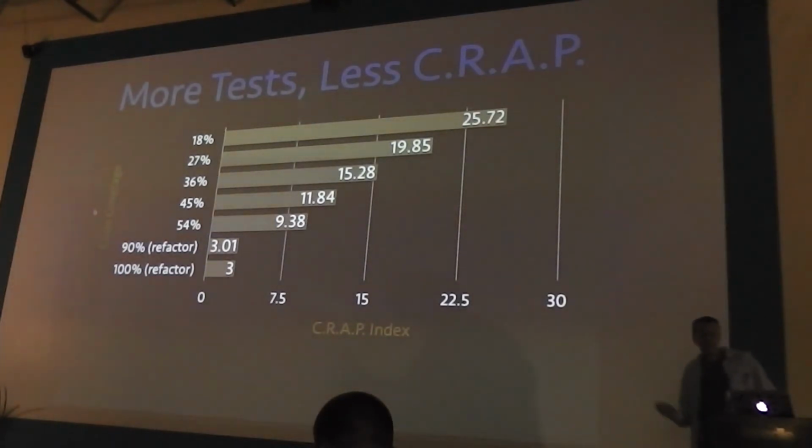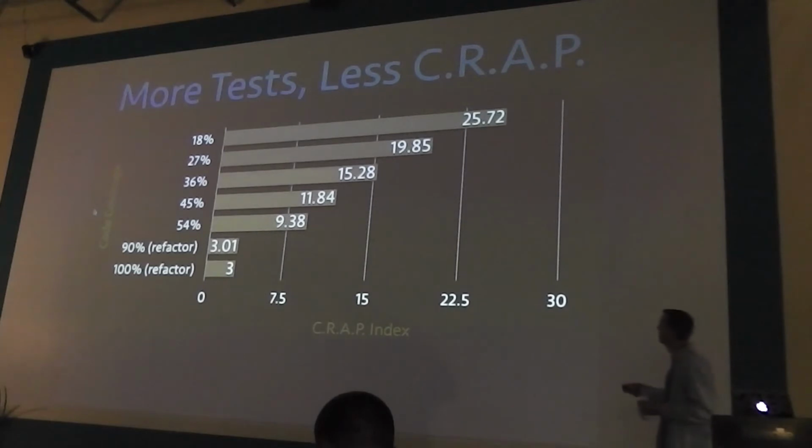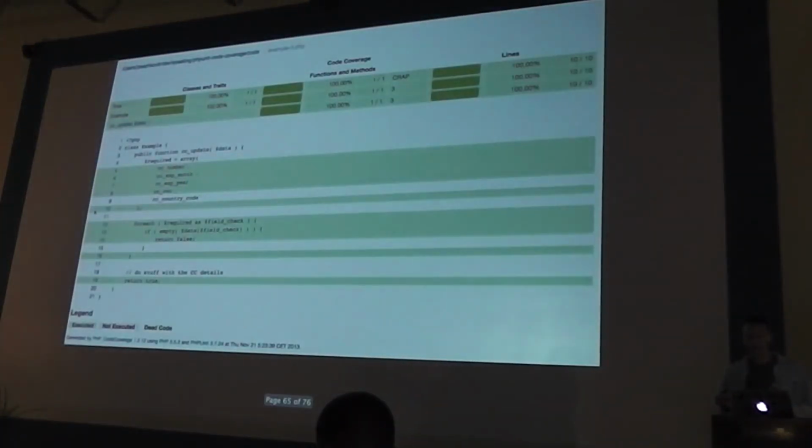So even at 100%, we're down to 3. But again, that's a huge improvement from what we started, right? 25 to 3. Now, the idea of that is that changing this code, you should feel fairly comfortable and confident in being able to alter the logic of this code and not screw something up.